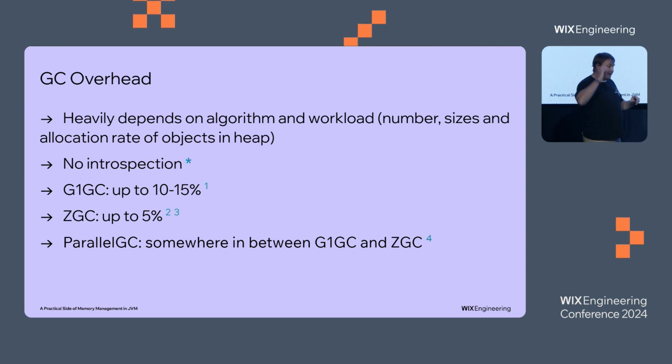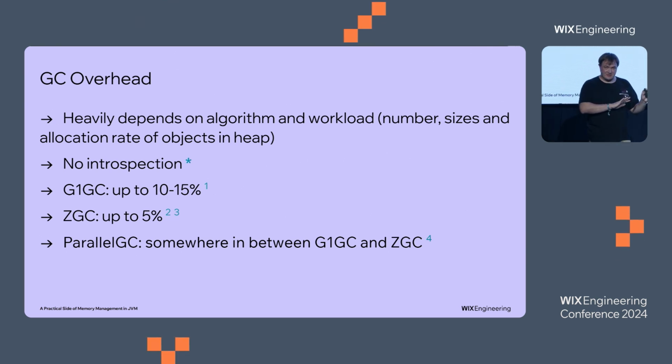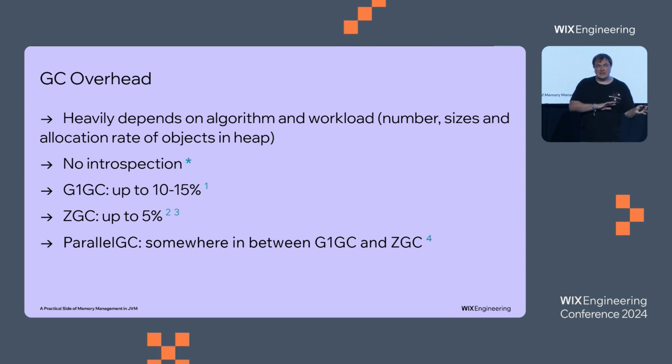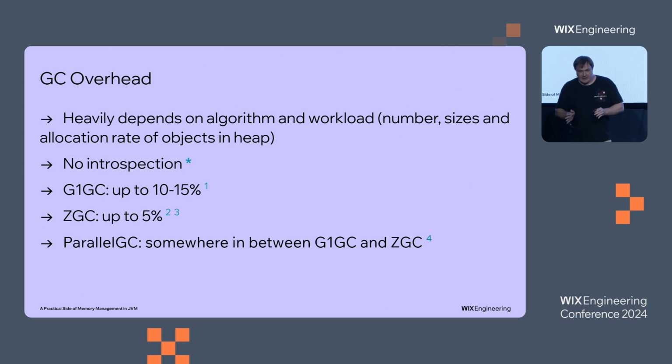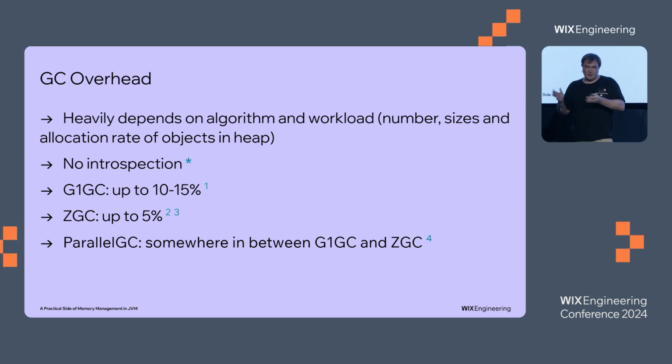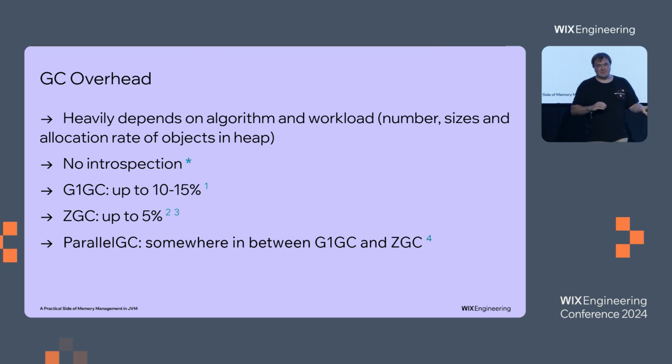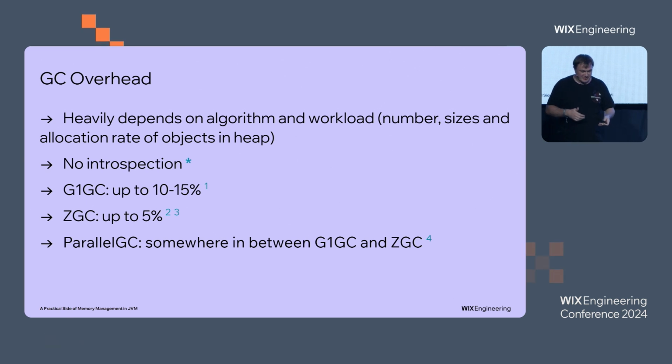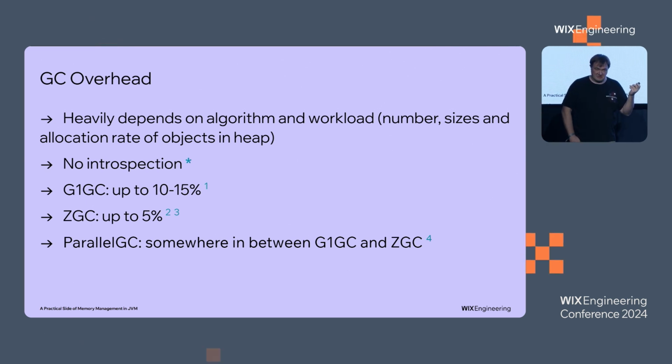So another aspect of each GC algorithm is overhead. Overhead means that GC by itself needs some memory to operate properly. For example, serial GC doesn't need too much memory because it's fully sequential. But for other GCs, it might reach 10–15% for G1 GC.